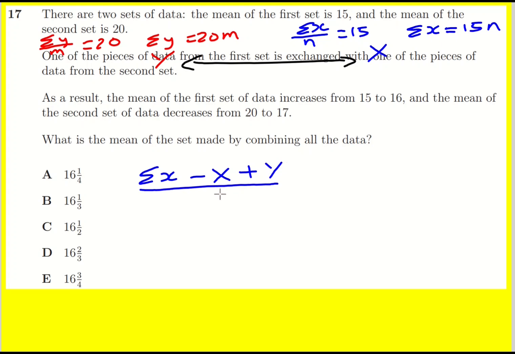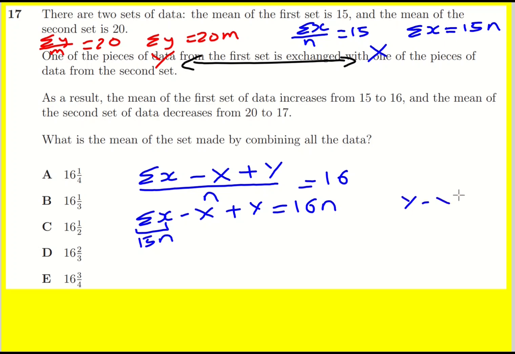And I've got the same amount of data, so if I then divide by n, I'm now going to have 16. And that means the sum of x minus x plus y is equal to 16n. Actually, remember, this is 15n, so what it tells me is that y minus x is equal to n. That's a little result that I get out of it.